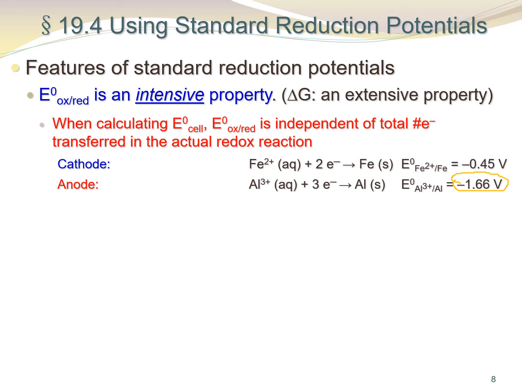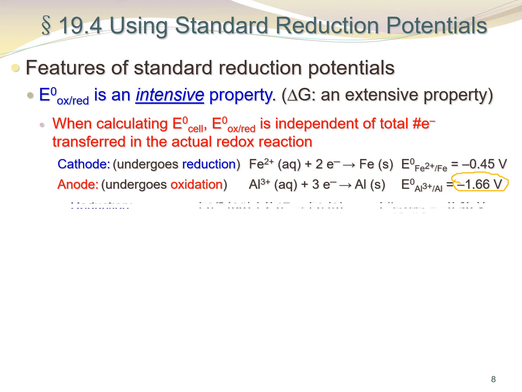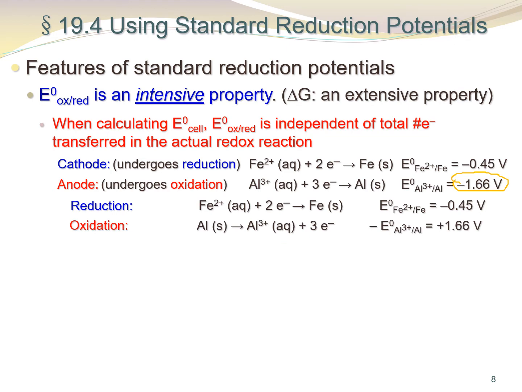According to that northwest-southeast rule, we must list the one with the more negative reduction potential at the bottom. And we understand the cathode undergoes reduction, while the anode undergoes oxidation. So that is the reason why these are the reactions that actually take place.